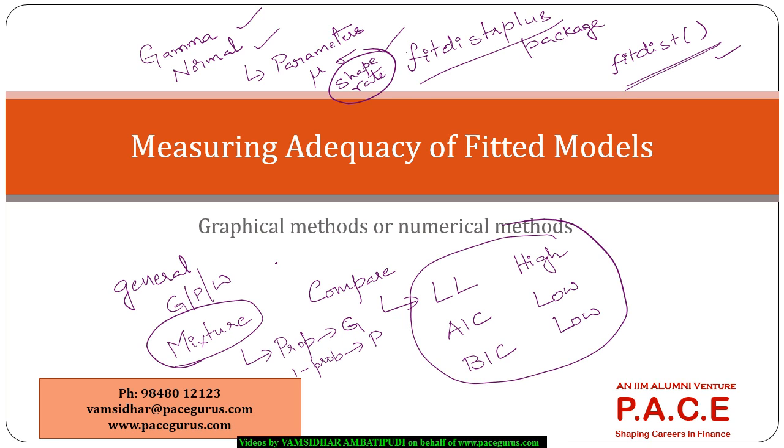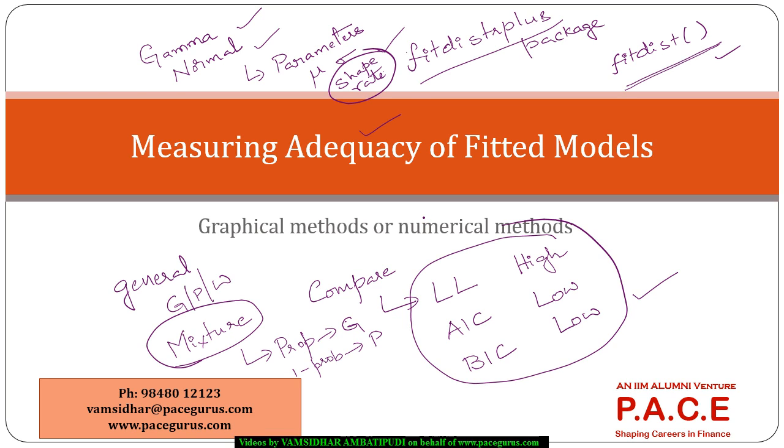So whatever model we are fitting, we have to really assess which model is an appropriate fit to our data. So apart from these mechanisms of log likelihood, AIC and BIC, in this session we are going to look at various other methods through which we can measure which model is more adequate to this particular data set.